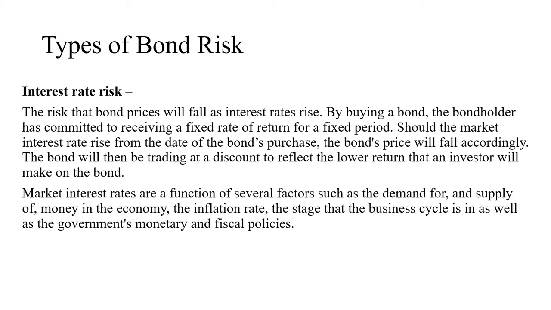With the expectation of 10% or 15% we invested, but actually we are getting only 8%, 9%. The interest rate will change due to different aspects of the economy. Such kind of risk is known as interest rate risk.